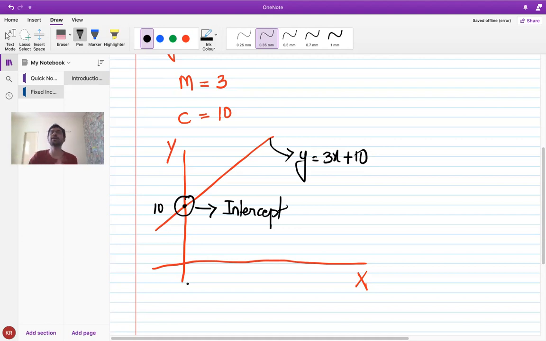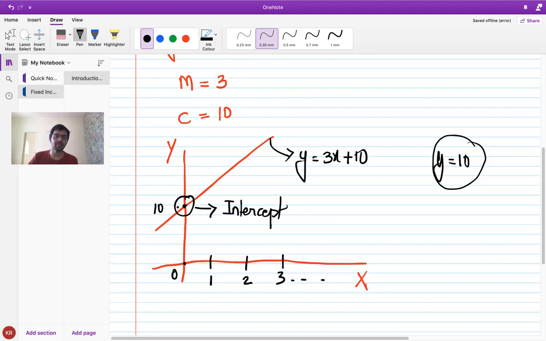That's the first meaning of intercept. The second meaning of intercept is the value of y when x is equal to 0. For instance, if you substitute x equal to 0 in this equation, the answer will be y equal to 10. And that is what we've done on the graph, because this point is 0, this point is 1, this will be 2, this will be 3 and so on.